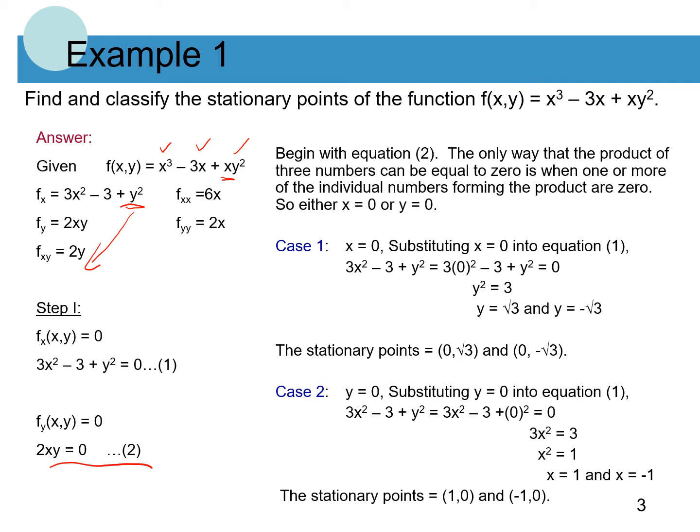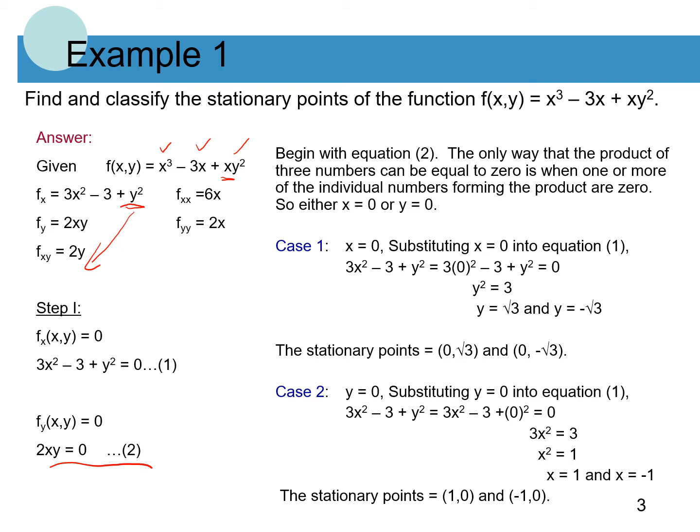The product of numbers can be equal to 0 when one or more of the individual numbers forming the product are 0. Either x is equal to 0 or y is equal to 0. If x is equal to 0, then we substitute x equal to 0 into equation 1. Therefore, 3 times 0 squared minus 3 plus y squared is equal to 0, and we find that y squared is equal to 3.